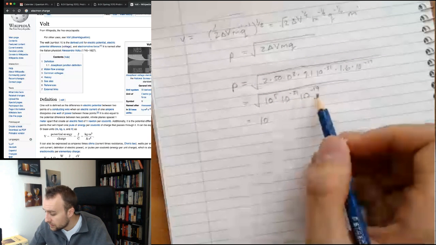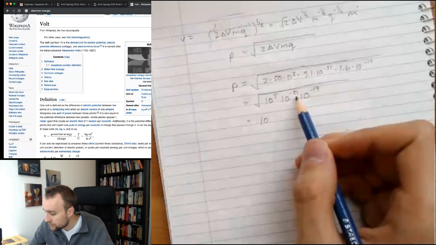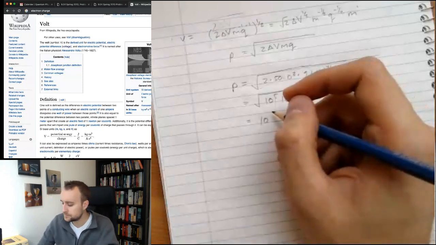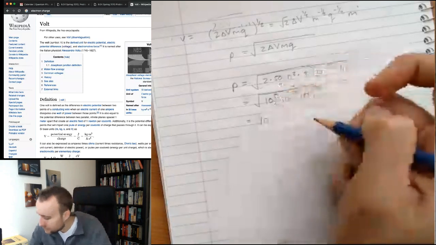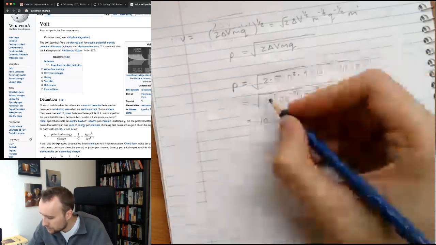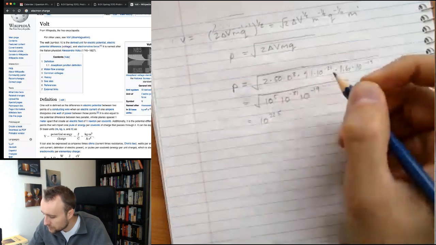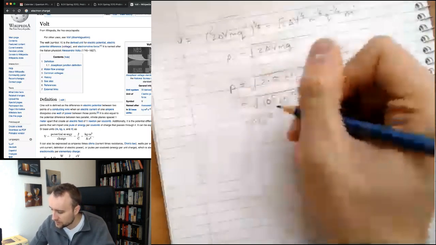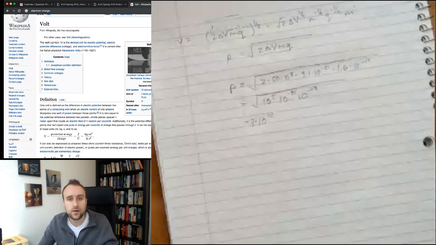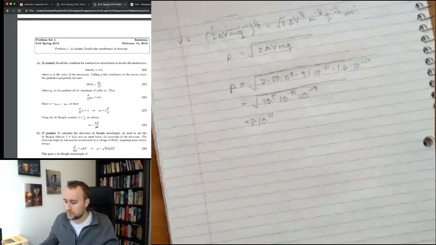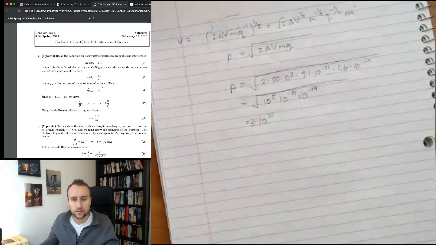Let me just do that again. 19 plus 31 is 50, minus 5 is 45. 45 divided by 2 is going to be 22.5. So square root of 10, that's like 3. So it's like 3 times 10 to the 22nd, roughly. Okay, so this should get us momentum of that.